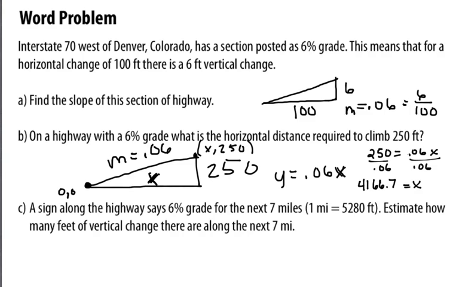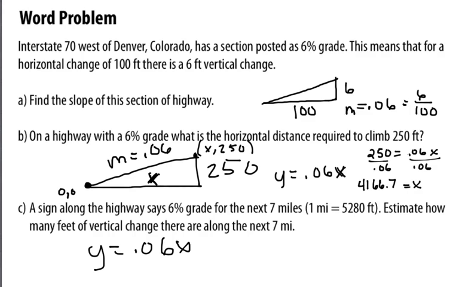And so that's the same. I'm going to use the same exact equation, y equals 0.06 x, because this is a linear function. It doesn't change. It's just headed like this. And I say, oh, I know x now. 7 times 5,280 would tell me how far I traveled horizontally. I plug that into x, and it tells me y. What'd you get?